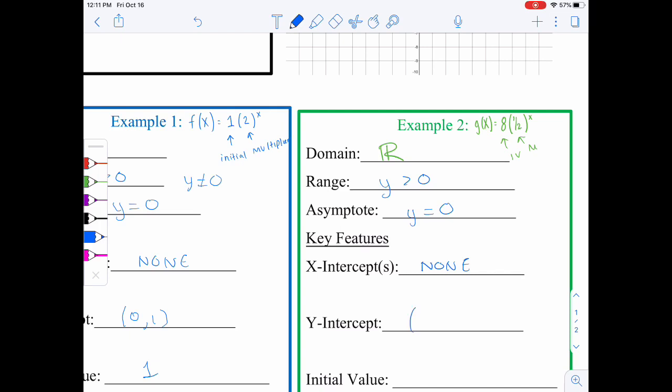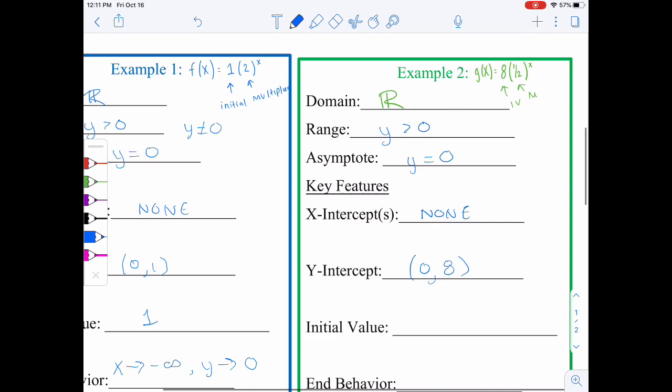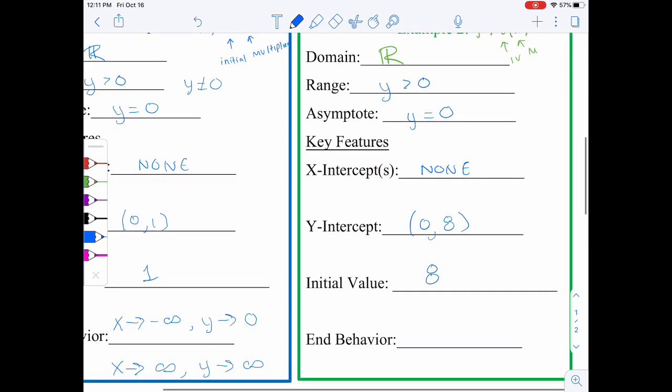We have a y-intercept at 0, 8. An initial value of 8. And our end behavior is as x approaches positive infinity, y approaches 0. As x approaches negative infinity, y approaches positive infinity.